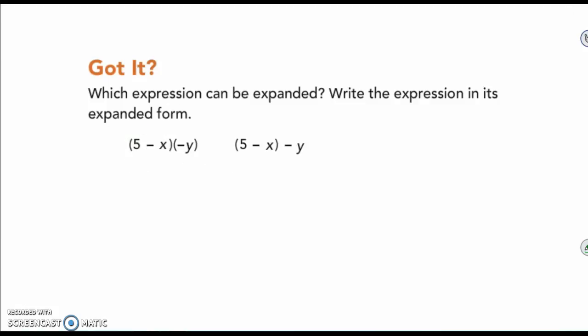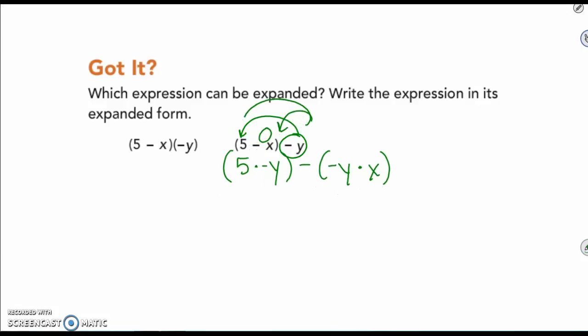If we look at our second problem, here we're expanding by distributing the negative y. So we would multiply 5 times negative y minus negative y times x.